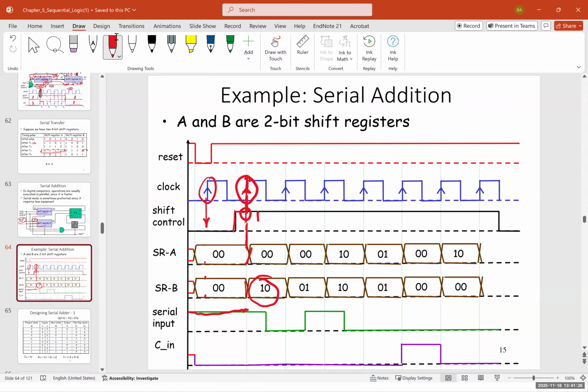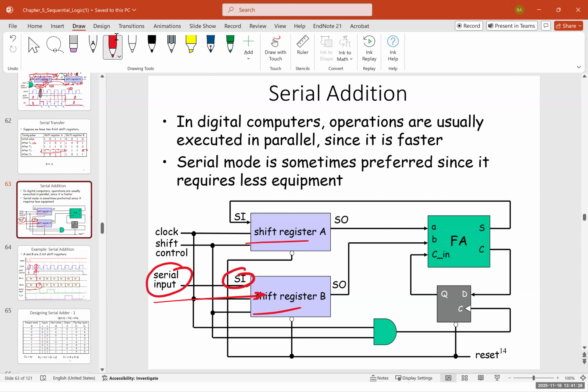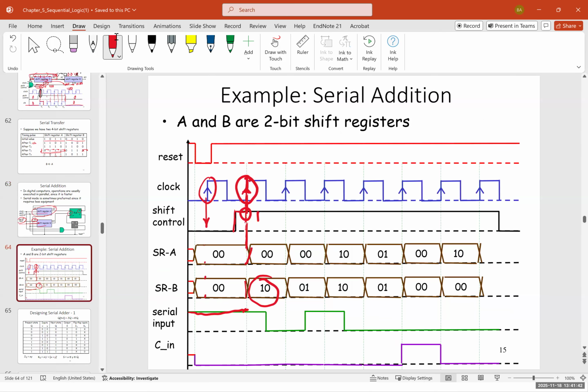And then the serial output of shift register B is connected to the full adder, and then the sum is connected to shift register A, and then the carry is connected back. So 0, 0 plus 0, 1 gives us 0, 1. So we're going to have 0, 1 in the output.